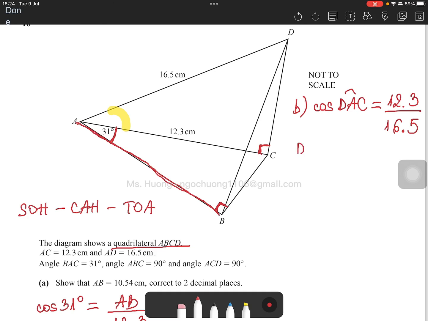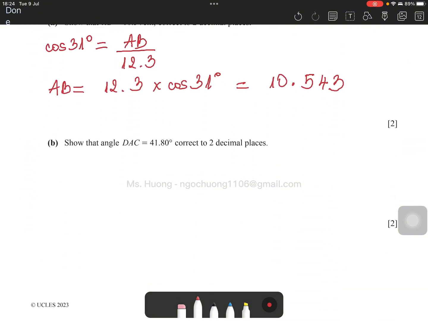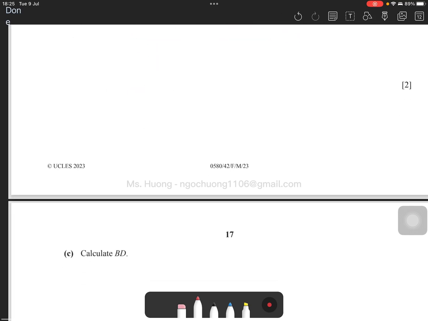Then if you want to find the angle DAC, it is the inverse of cos 12.3 over 16.5. And the answer is 41.802, which is 41.80, correct to 2 decimal places.